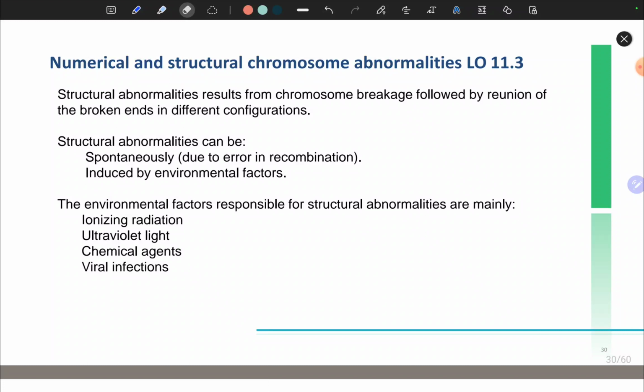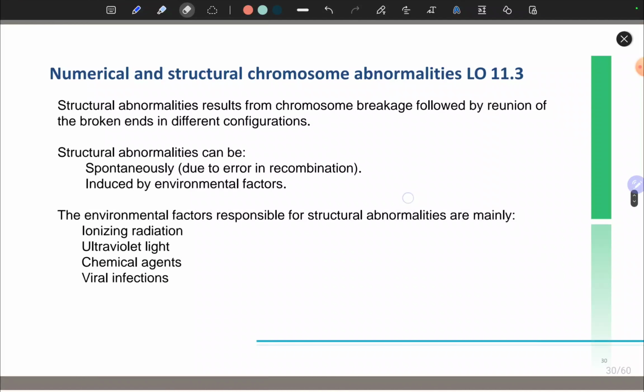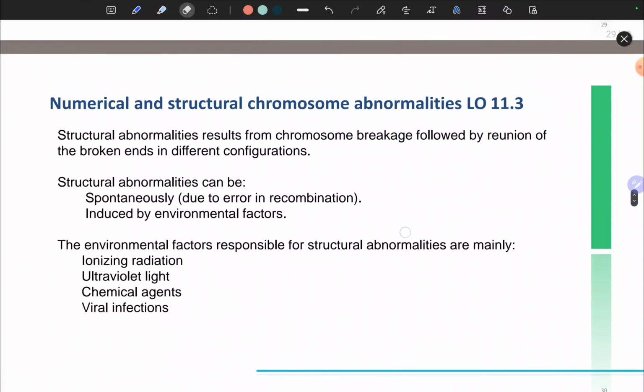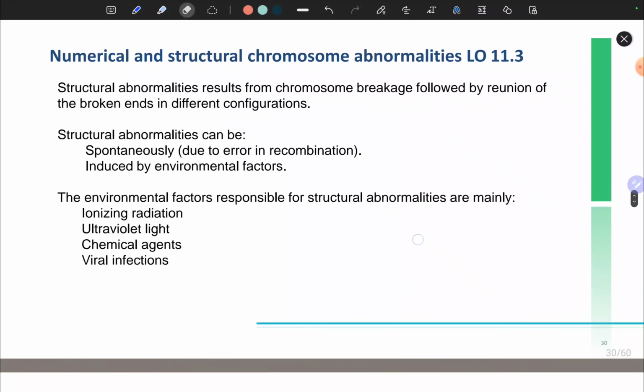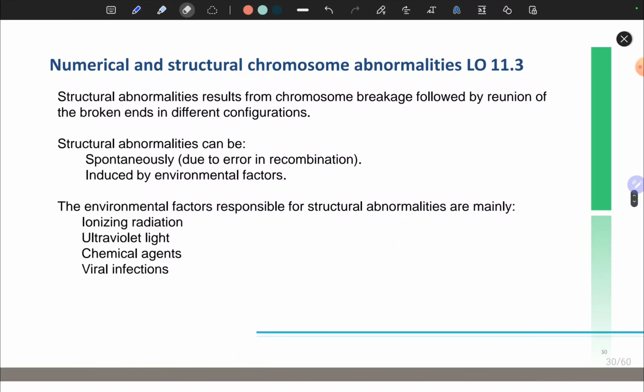And this may occur either spontaneously, as you see here, due to an error in the recombination during the meiosis, or induced by environmental factors. And these are environmental factors. We have ionizing radiation, chemicals, ultraviolet, and viral infections.